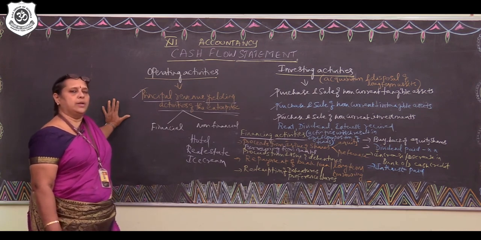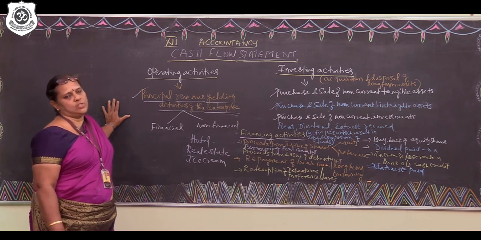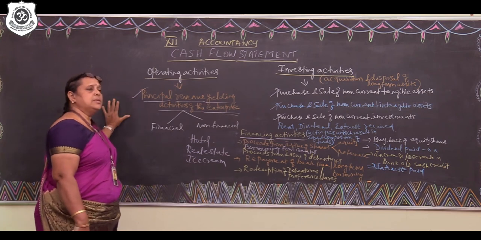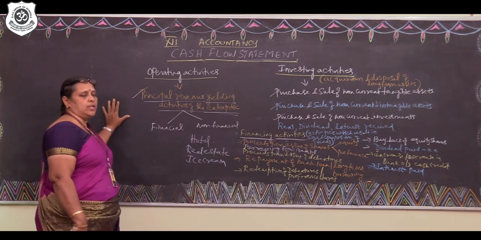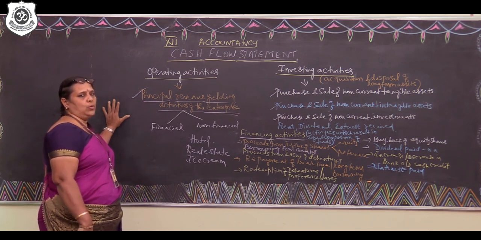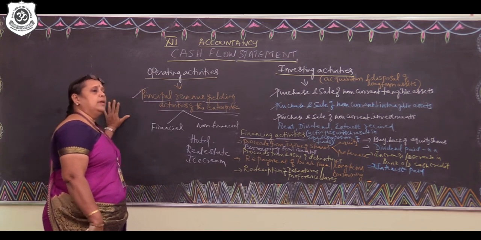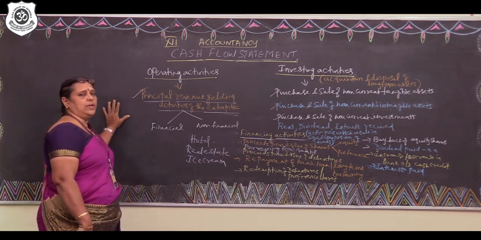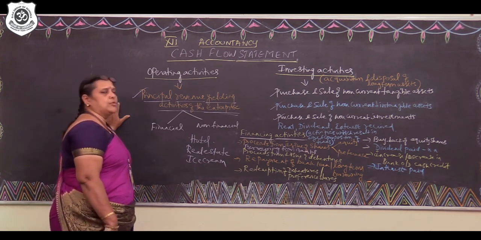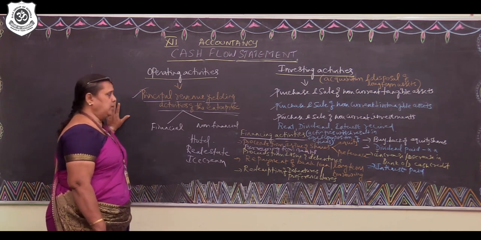For a financial enterprise, their very purpose of existence is to deal with financial instruments. Therefore, purchase and sale of financial securities and instruments becomes their fundamental revenue yielding activity. For a non-finance company, the fundamental revenue yielding activity will be the core activity, that is the main purpose of starting the business. So, that will be their revenue yielding activity.